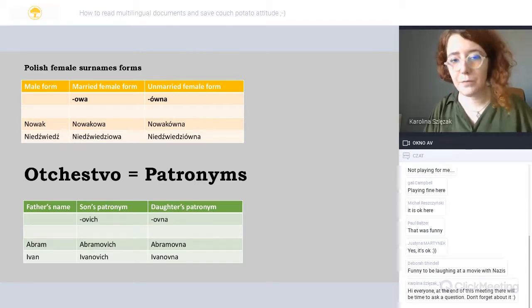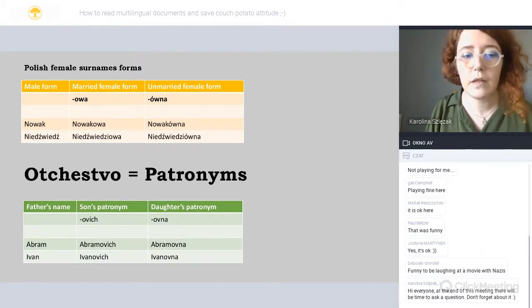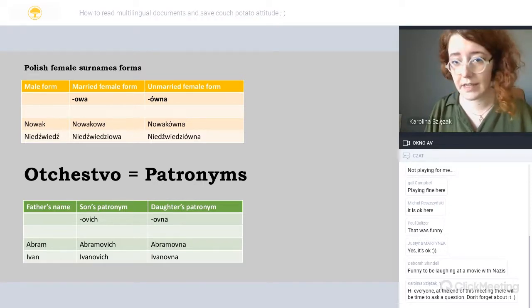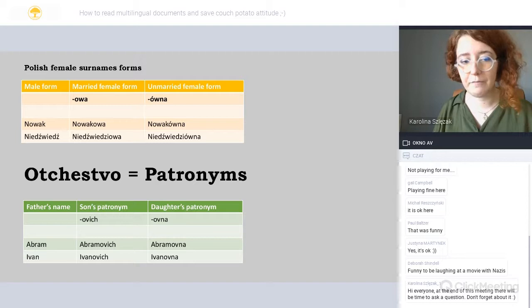Here, as I'm showing in this example, when we know that the father's name was Abram, his son will have, between the name and the surname, a patronym, Abramovich.